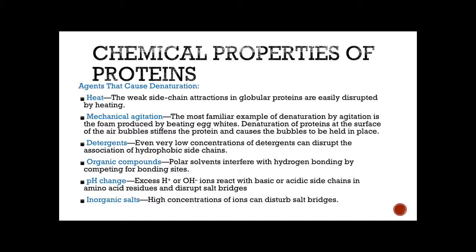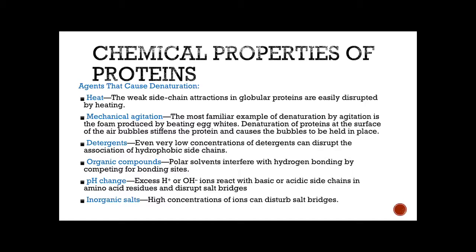The whipping action stretches the polypeptide chain until stabilizing interactions are disrupted. An example of that listed here is beating egg whites. If you've ever made a meringue and you put egg whites into a bowl and then beat them until it gives you this white fluffiness, that's an example of that.